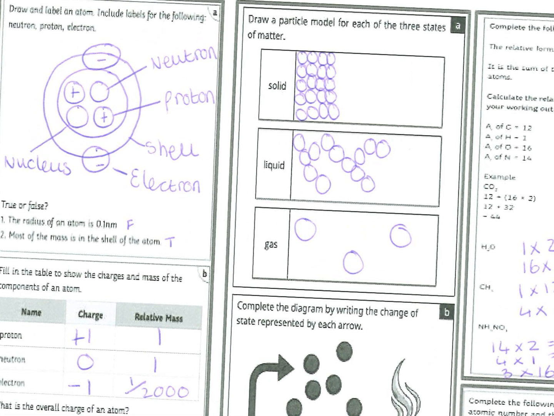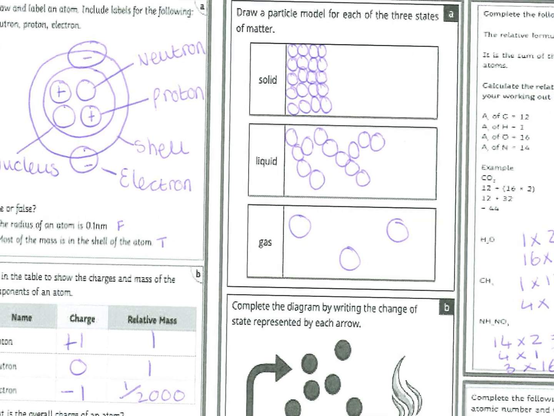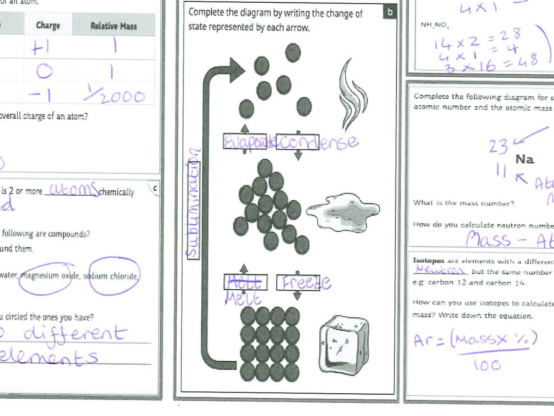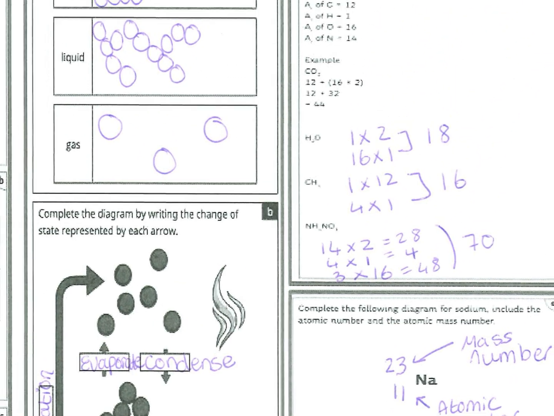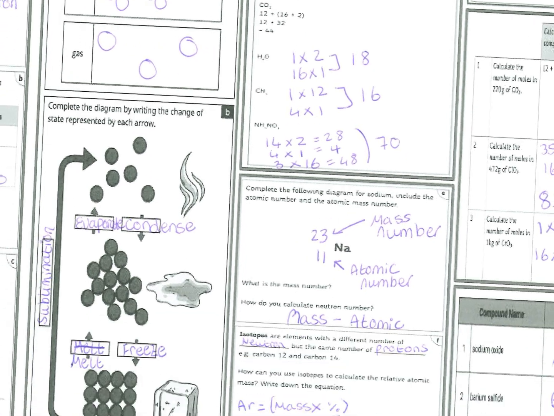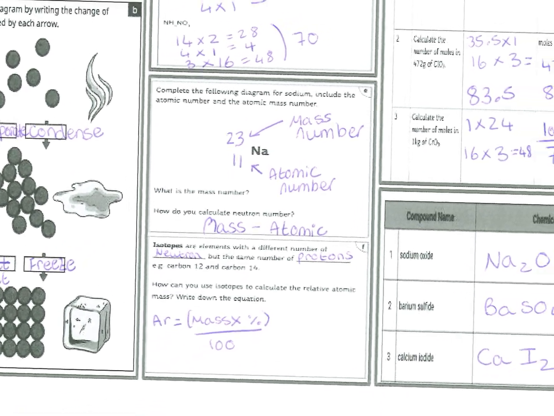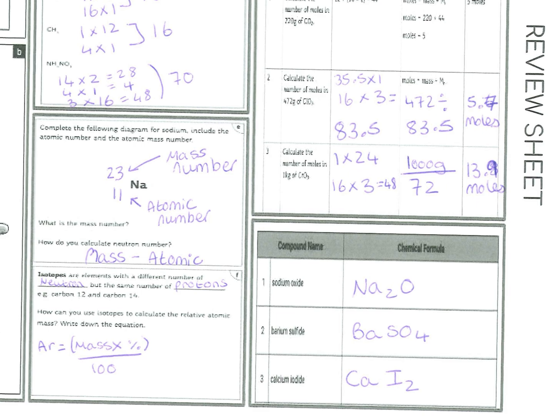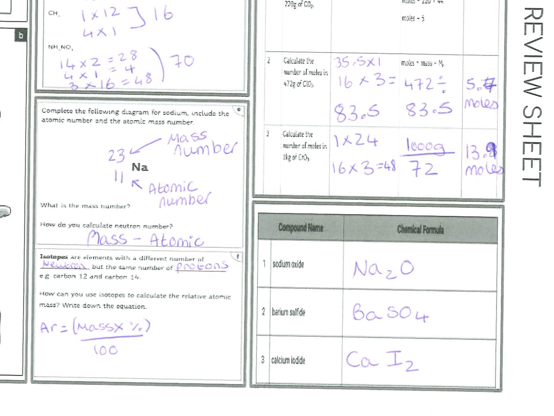Okay, so just some examples of solids, liquids and gases, different changes of state, which will be a nice easy question, some calculating Mr, looking at mass numbers, and then there's some chemical formula practice and some moles practice as well. But like I said, you can pause, zoom in as and when.